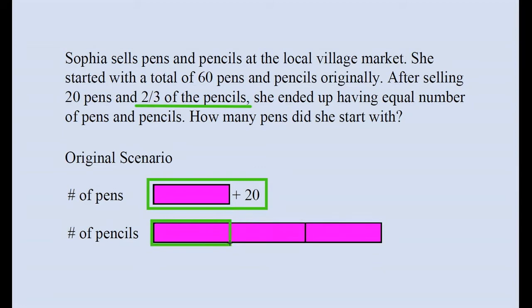If this is 1/3 and you want to find 3/3 or 1 whole, 3/3 make a whole. So you're going to say 1/3, take a second copy, that gives you 2/3, take a third copy, that gives you 3/3. So this makes sense to say that she had 3 rectangles worth of pencils originally.